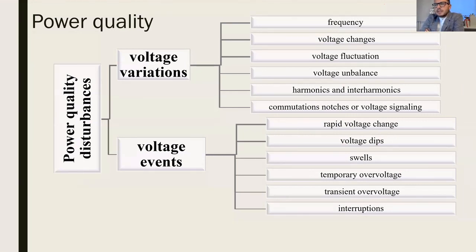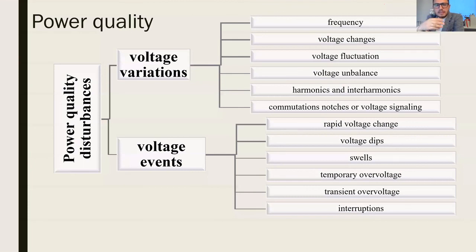I would like to say that power quality disturbances may be divided into 2 groups. The first group is connected with slow changes. I mean, all of us know that there is a value of voltage in our sockets, and it just is, and we know that it's always at a similar value.